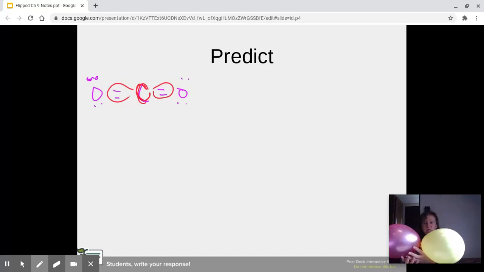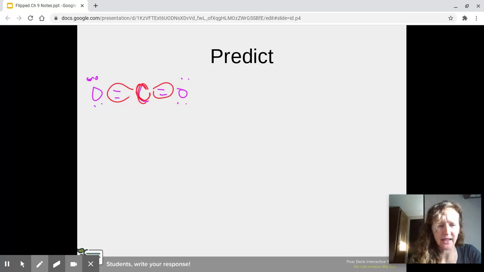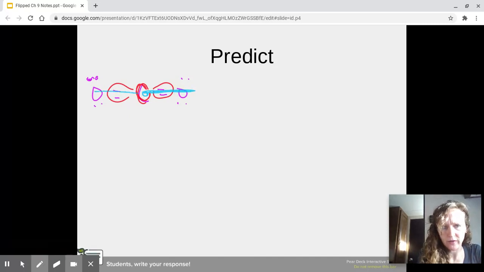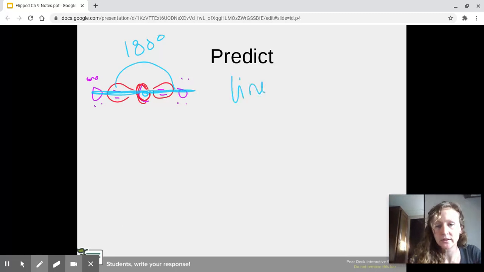This is going to be a 180 degree molecule. So the way that I actually have it written right now as a Lewis dot diagram, where my 2 areas are directly away from each other at a 180 degree angle, that's going to be my molecule. So we call this a linear molecule.